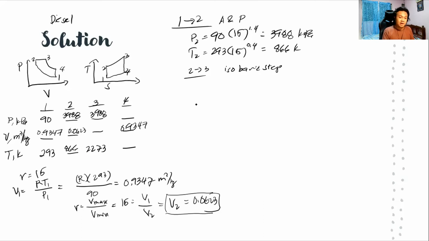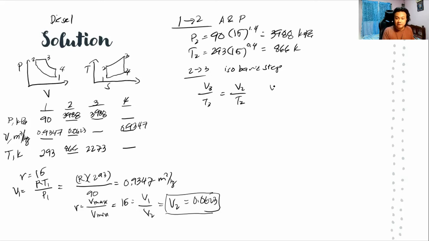Okay, we have 3988 kPa also. Now we're finding the volume. So how do we find the volume? So let's use V3 over T3 equals V2 over T2.